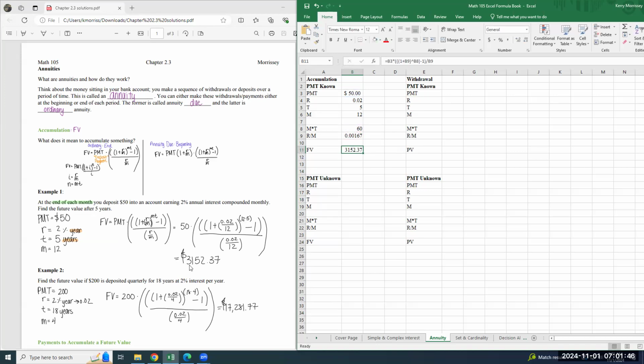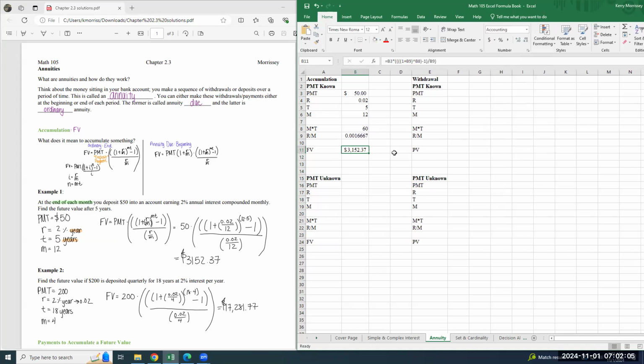So we should get 3,152 and 37 cents. Now, if you wanted to, you certainly could add another parentheses to do the division here. So if I were to show that one more time, it would look like this. Notice that it doesn't change. So let's go ahead and change this into a monetary value. We don't need so many decimal places, so I might reduce a little bit. And of course, maybe some flares.